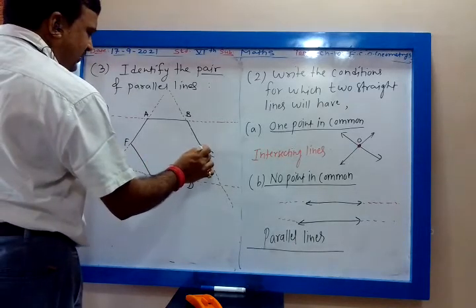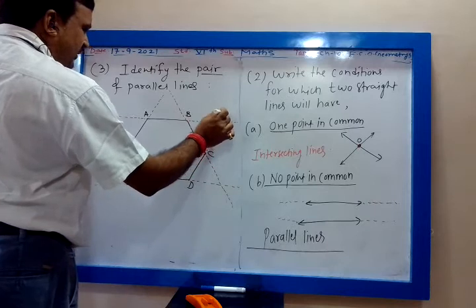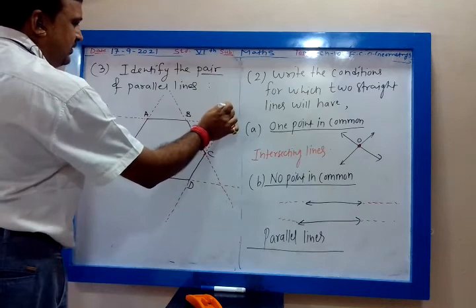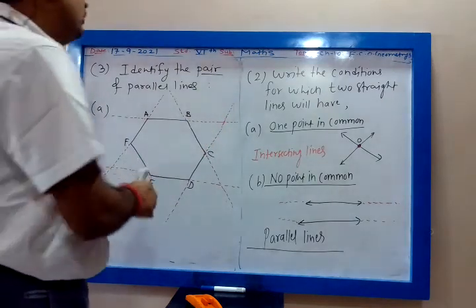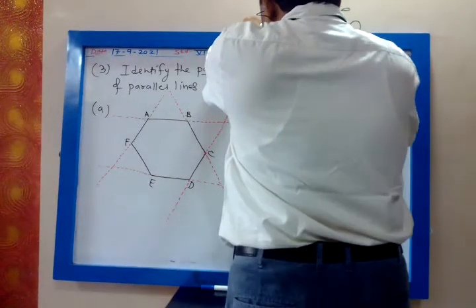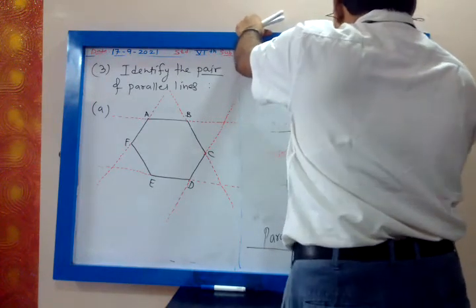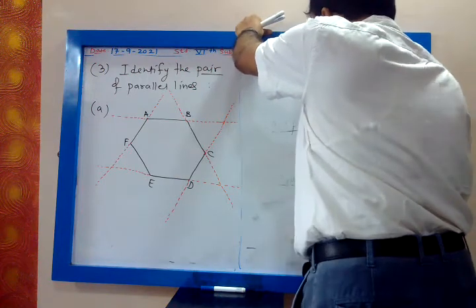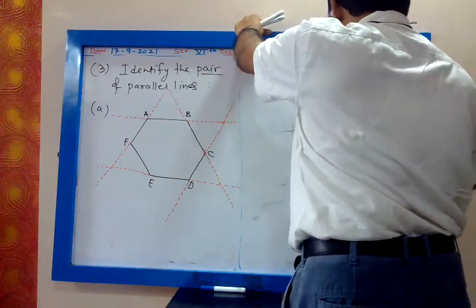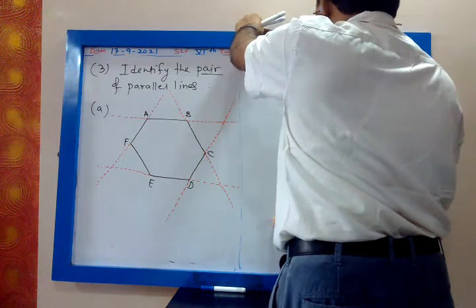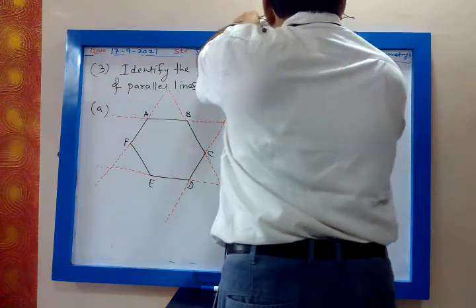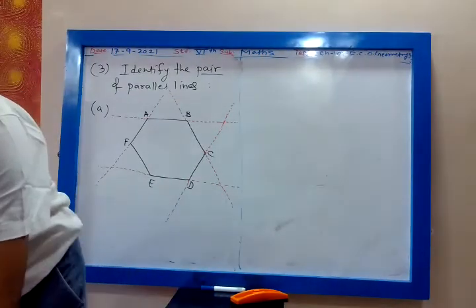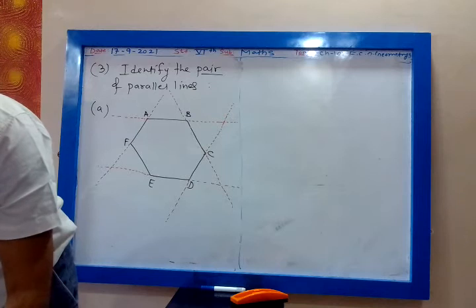So draw the dotted line. Now you can find a pair of parallel lines from these dotted lines. Which two lines do not intersect? That you have to write, the pair. So you draw the dotted line at each side and tell me which.